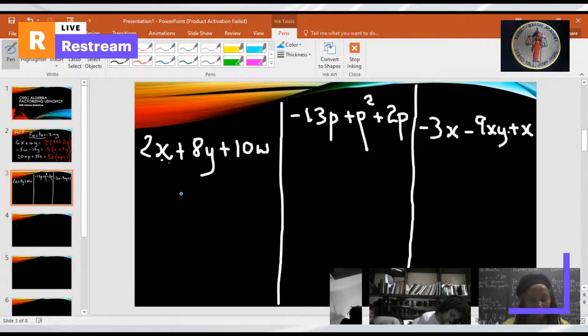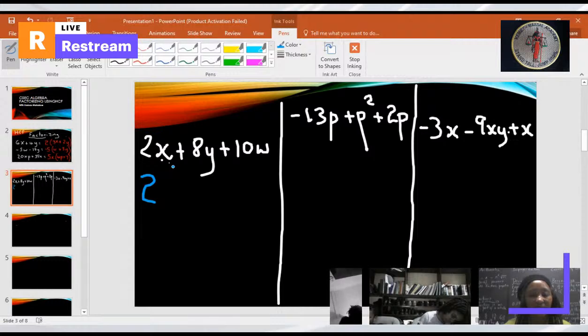Is any of the variables common? No, miss. They're all different. All right, so we have an x here, a y here, and a w here, so they are all different variables. So the only thing that's common is the 2, so we'll put the 2 out front.